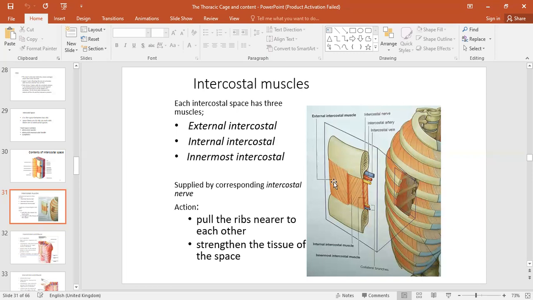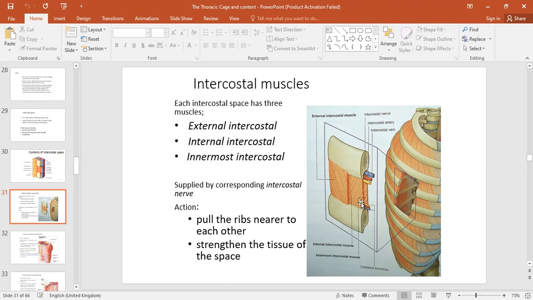And since the fibers move posterior to anterior and lateral to medial, when this muscle contracts it pulls the rib below upwards and moves the thoracic cage laterally.